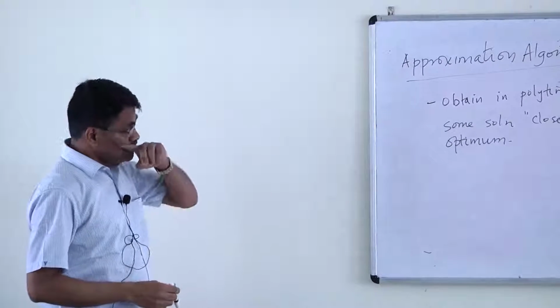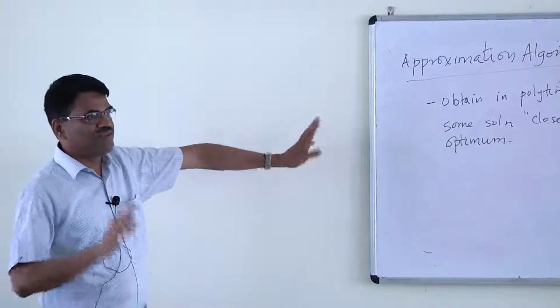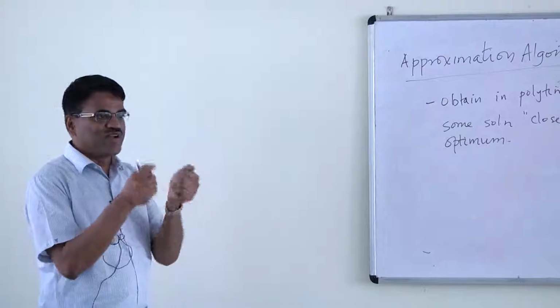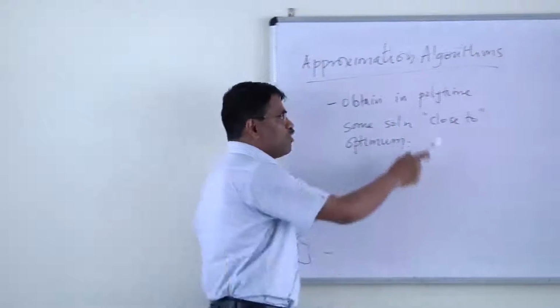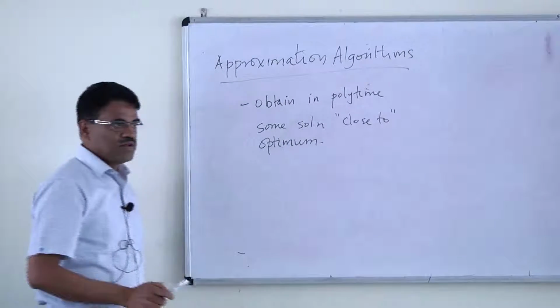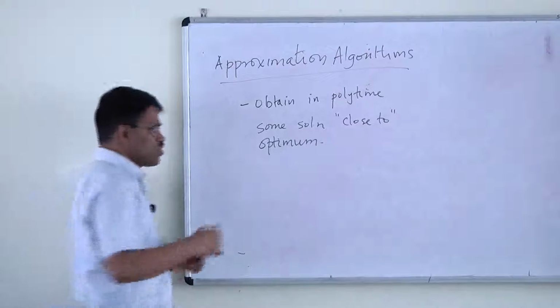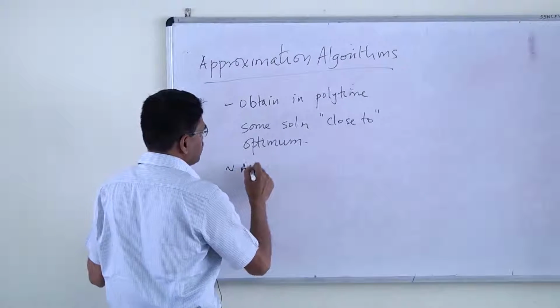Now, but in theory, we are not happy with that. We want to do a little more analysis about the solution you come up with, how close to the optimum it is. So we want to compare it. So there is this notion of approximation ratio.